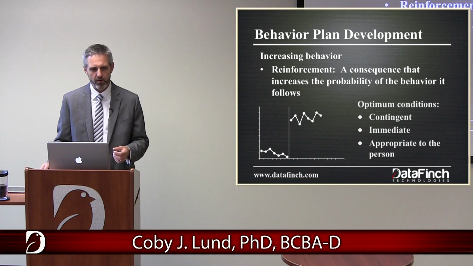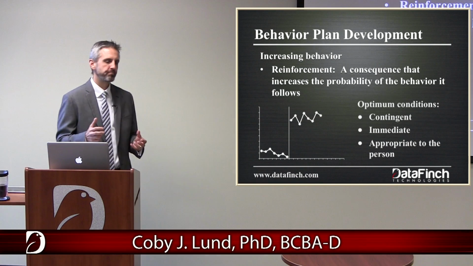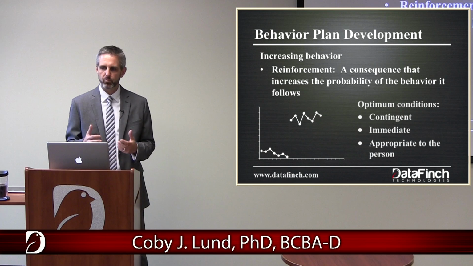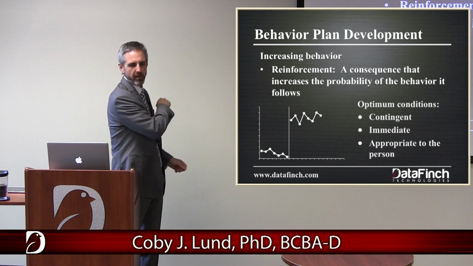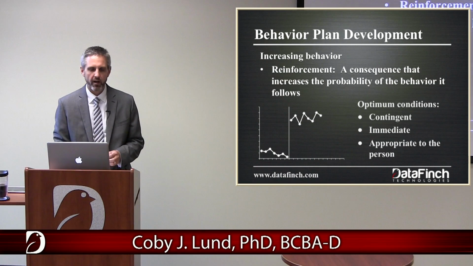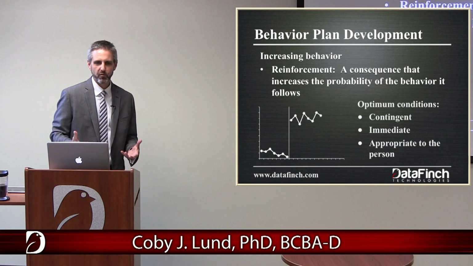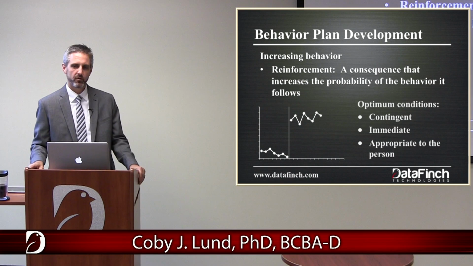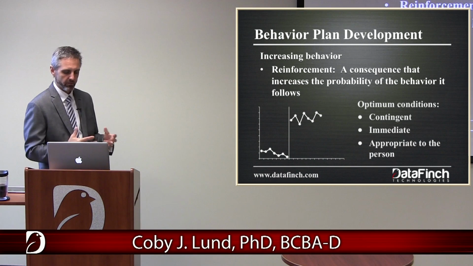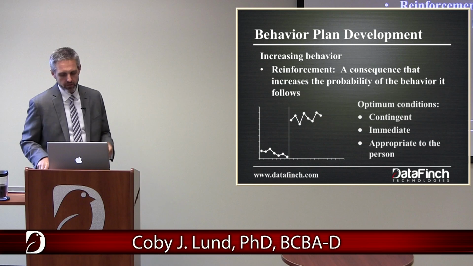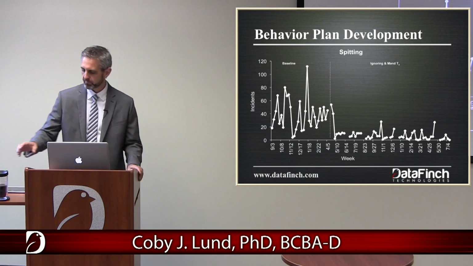If I'm in a classroom and I want to predict the way that people are going to respond to me, am I going to have a better chance at predicting a response if I stand up and start throwing my clothes off, or if I just sit quietly and work on what I'm supposed to work on? I guarantee you it's the former, if it's just about knowing exactly what's going to happen every time. So remember that when you think about reinforcement. We want our reinforcers to meet these conditions, to be contingent, immediate, and appropriate to the person.